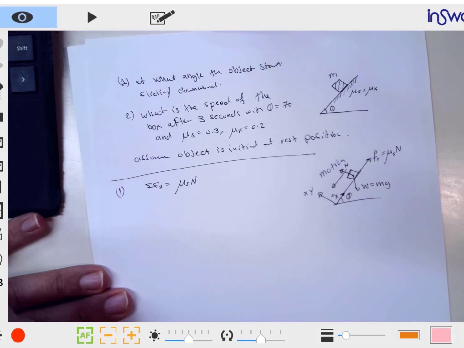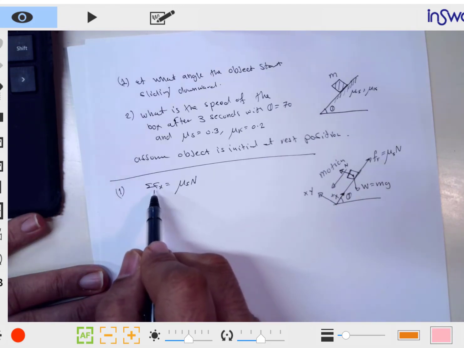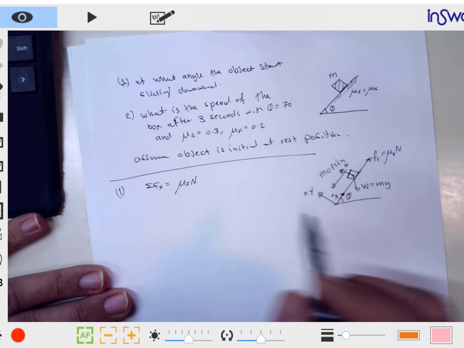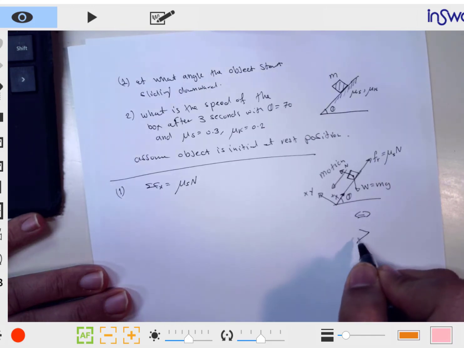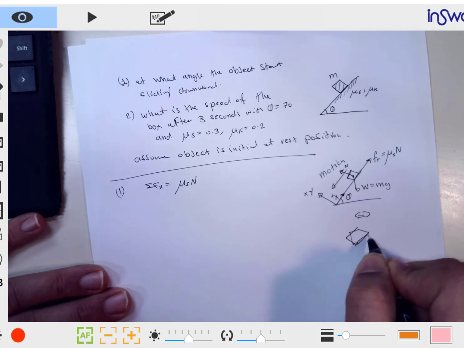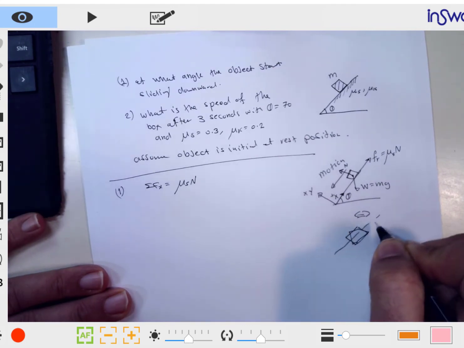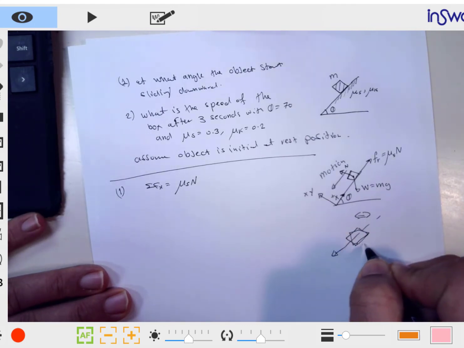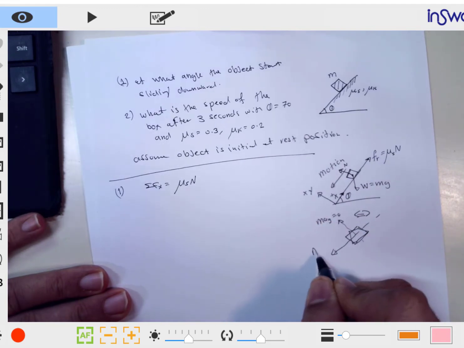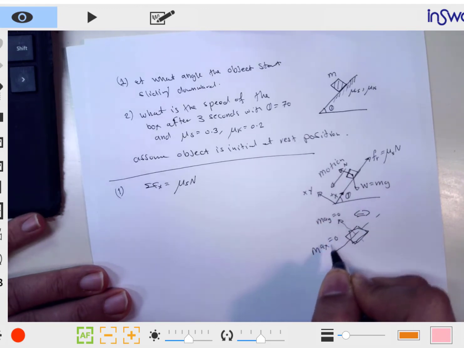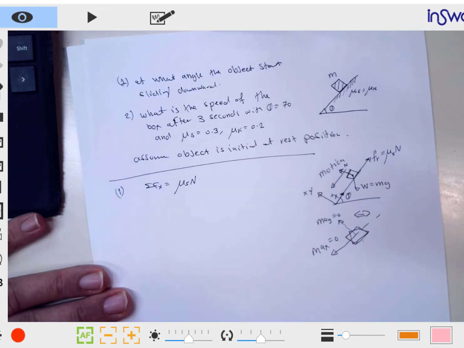So definitely the summation of forces is going to be equal to the inertia, right? And the inertia, m a_y, this is equal to 0, and m a_x equal to 0 because we said the object is staying still.